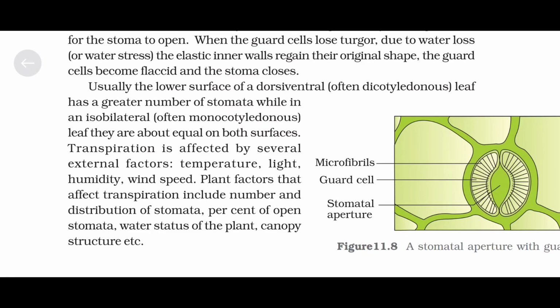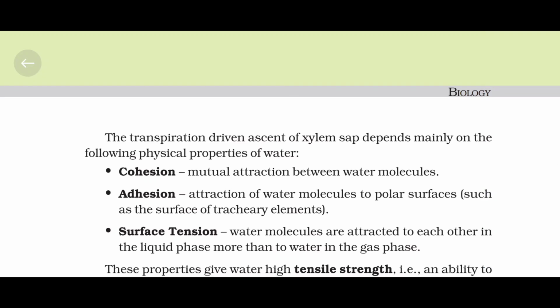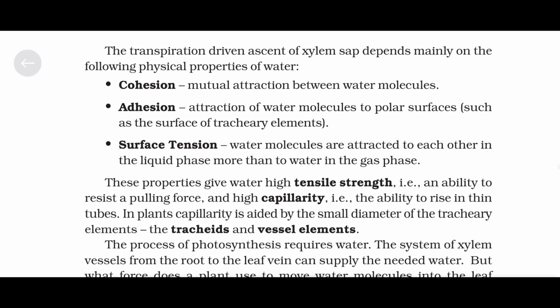The transpiration-driven ascent of xylem sap depends mainly on the following physical properties of water: cohesion, mutual attraction between water molecules; adhesion, attraction of water molecules to polar surfaces, such as the surface of tracheary elements; and surface tension.